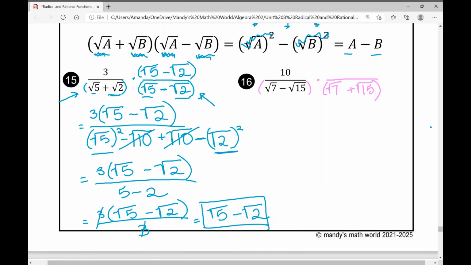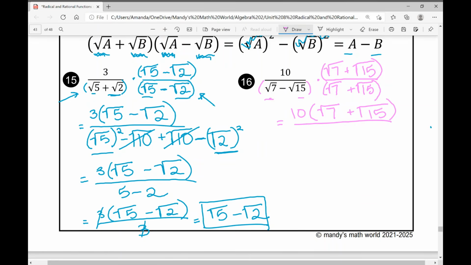And what I do to the bottom, I have to do to the top. And now let's rewrite this. In our numerator, we have 10 times root 7 plus root 15 divided by what ends up happening. Again, those terms lose their radicals, and I'm going to have subtraction, right? So it's just going to be 7 minus 15. Think of your difference of squares.